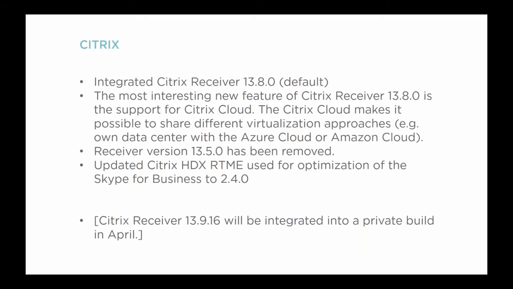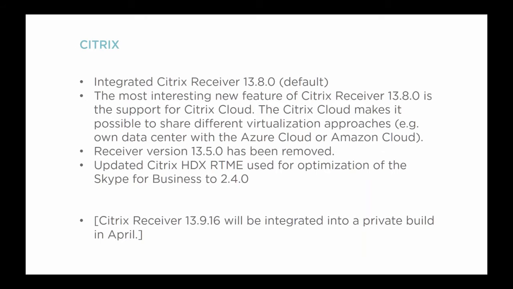Returning to 13.8, the most interesting feature of it is the support for Citrix Cloud, which I haven't tried yet, I must say. But it makes it possible to share different virtualization approaches, e.g. mixing your own data center with Azure or Amazon Cloud.